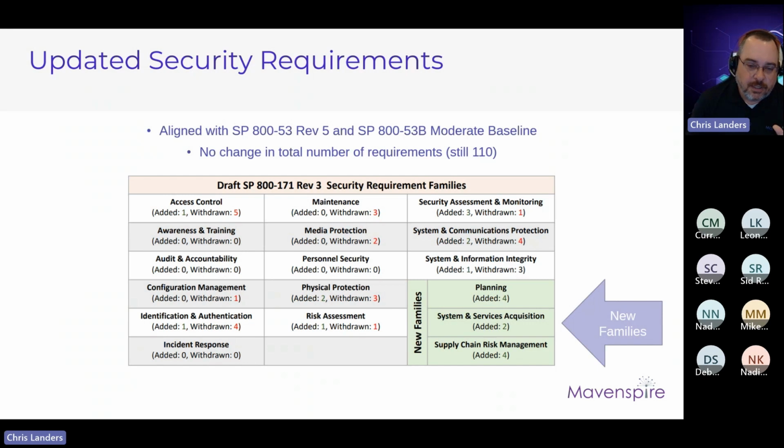So there was a concerted effort that if something is already covered under one requirement, they remove it from the other so that there's no confusion and keep those things in one place. And then, obviously, a few were added.